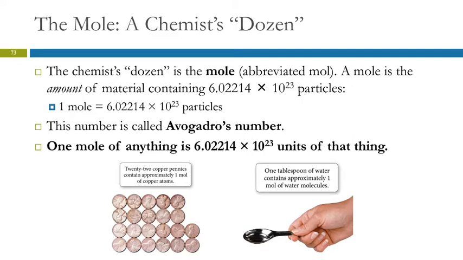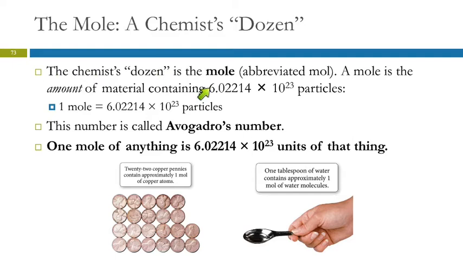A mole of anything is this crazy number of that thing. So 6.02214 times 10 to the 23rd units. That is a mind-bogglingly large number. That's a 6 with 23 zeros after it. It'll take you a while on the chalkboard to write it out even.